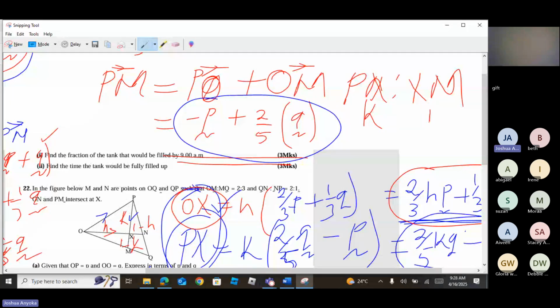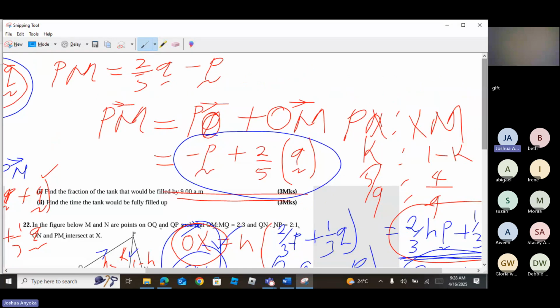So the value of k is 5/9, and 1 minus 5/9 is 4/9. If we simplify, the 9 and 9 will cancel, if we multiply both by 9.